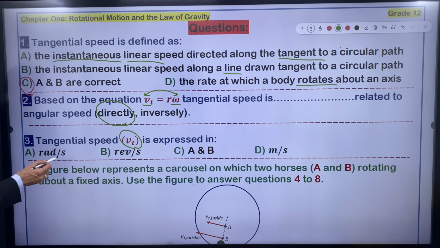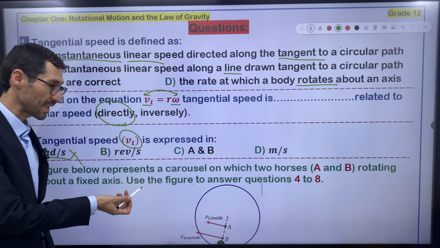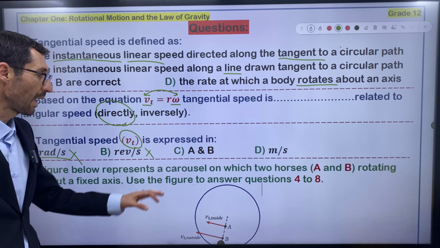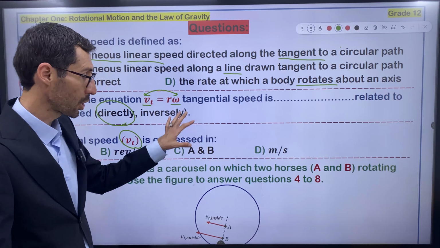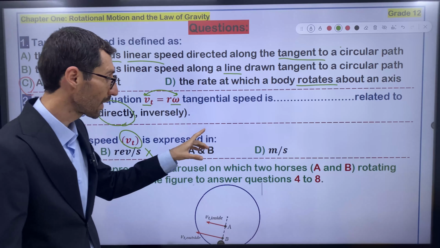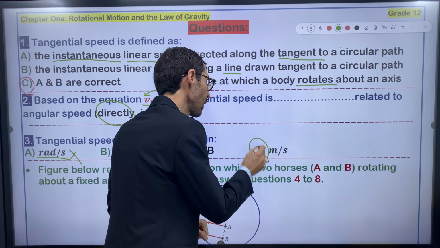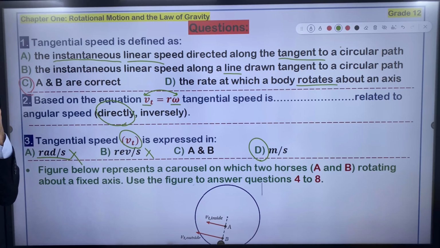That's why rad per second is not accepted. What do you say about rev per second? It's not accepted. A and B, both of them are wrong. D, meter per second. So the only true option is D, meter per second.